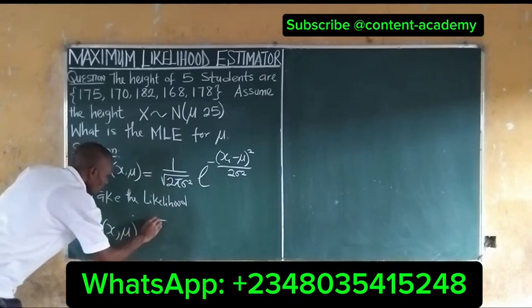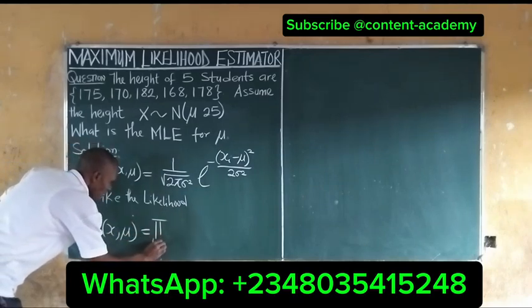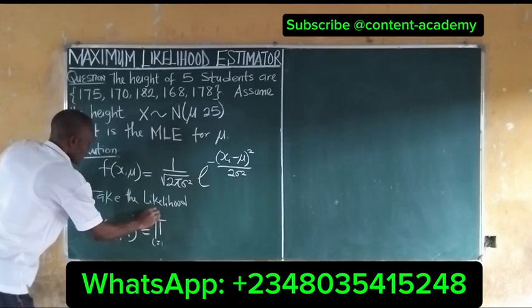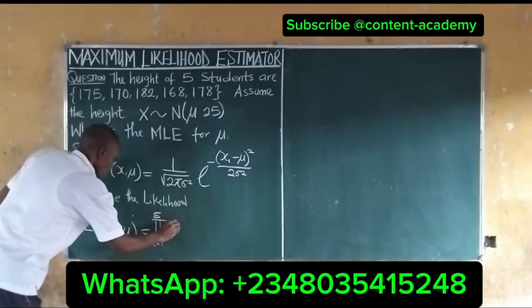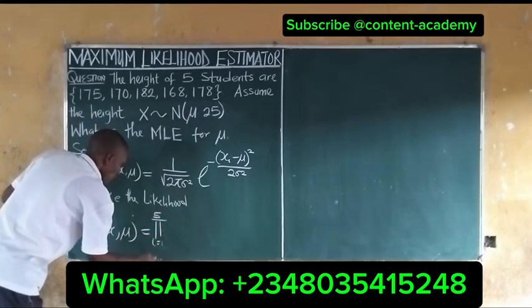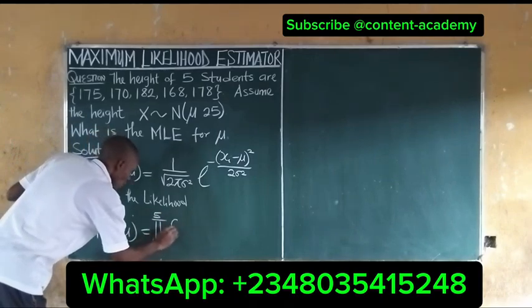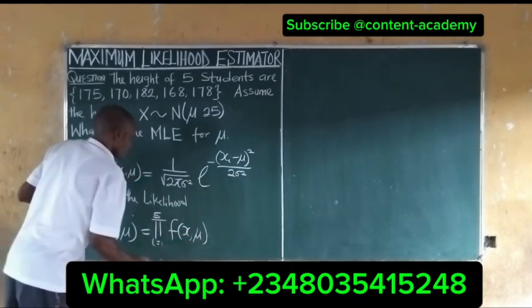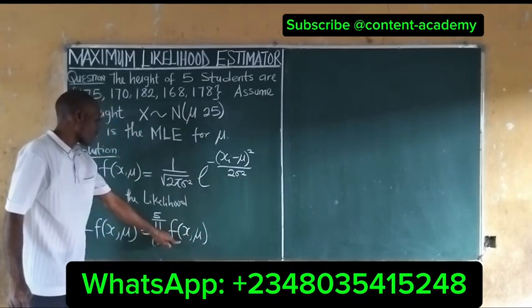is equal to the product, i running from 1 to, of course, now we have 5. Instead of n, we write 5. i running from 1 to n of f of x, mean, since we know the variance.